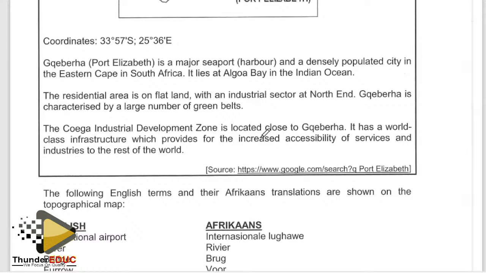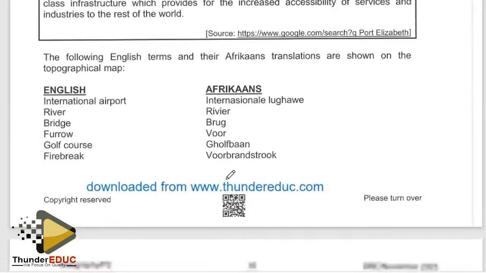It is characterized by a large number of green belts. The Coega Industrial Development Zone is located close to it. It has world-class infrastructure which provides increased accessibility of services and industries to the rest of the world.